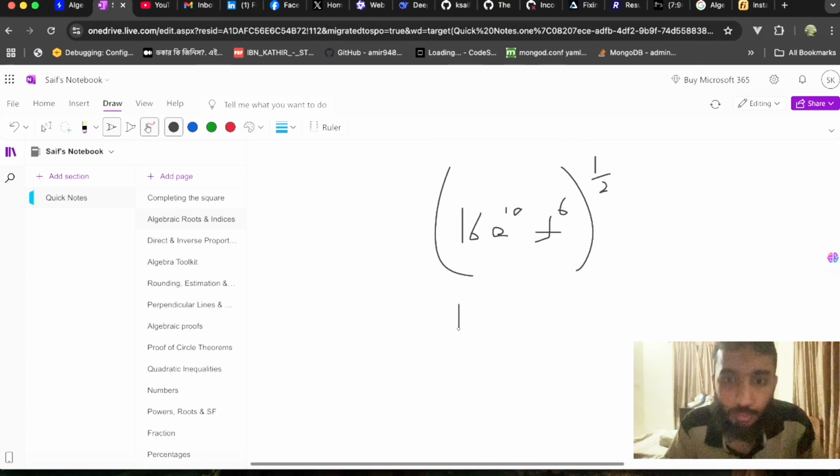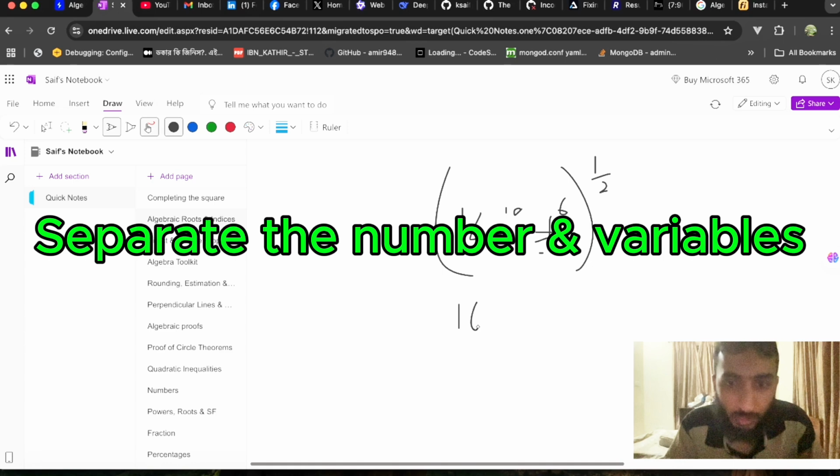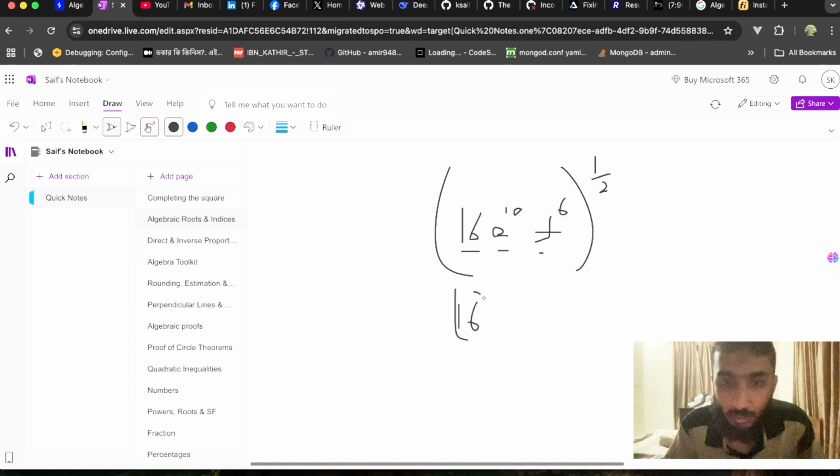So first we separate 16, e and f. We can write 16 to the power half multiplied by e to the power 10 to the power half, multiplied by f to the power 6 whole to the power half.